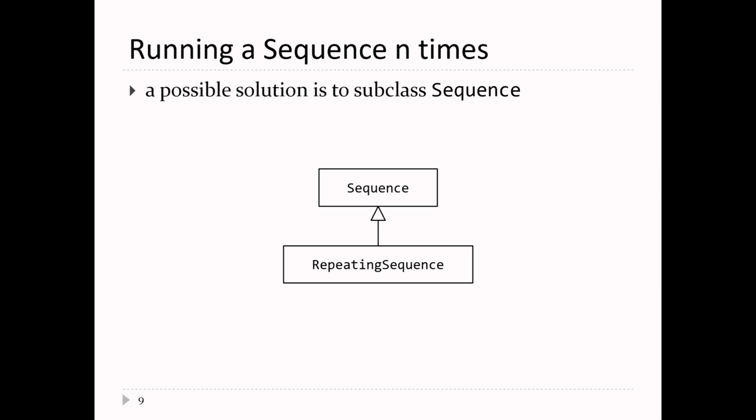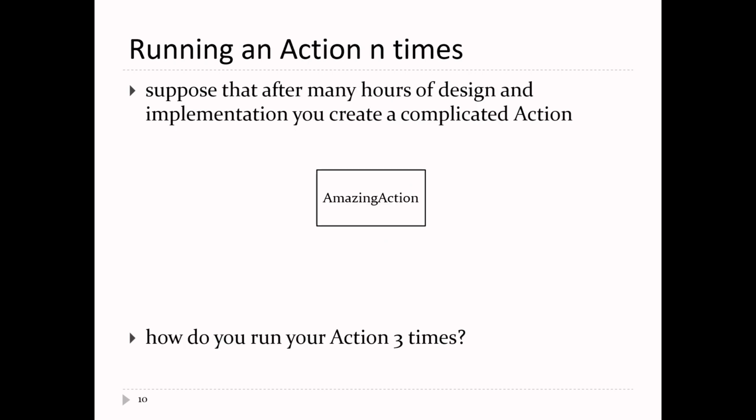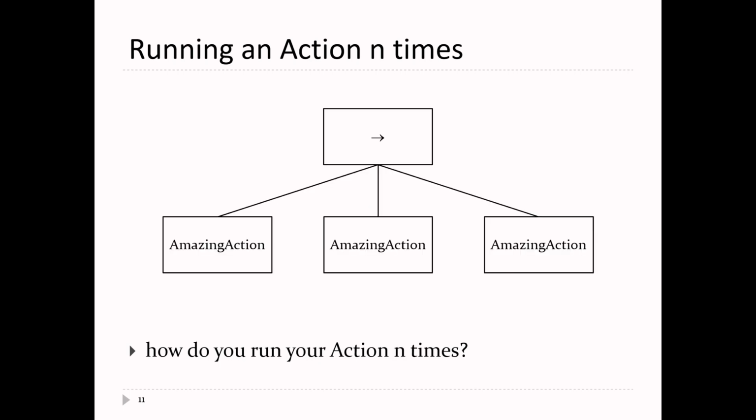So you carry on, and eventually, some later time, you've got some amazing action that you've created, right? Amazing action could be a subtree somewhere, right? There could be a bunch of other things underneath here. And now you ask yourself, well, how do I run this action 3 times, right? And so you could do this again, right? So make a selector, make a sequence node, right?